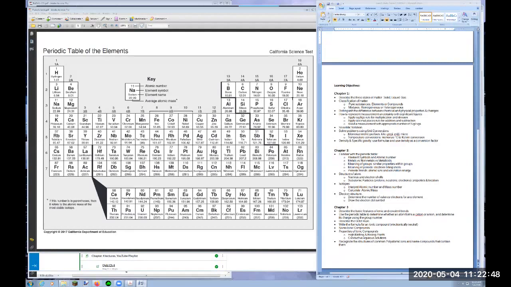Distinguish the difference between chemical and physical properties and changes. An example of a physical change is when you change a substance from a solid state to a liquid state or a gaseous state, right? Physical change, there is no change in the identity of the substance.